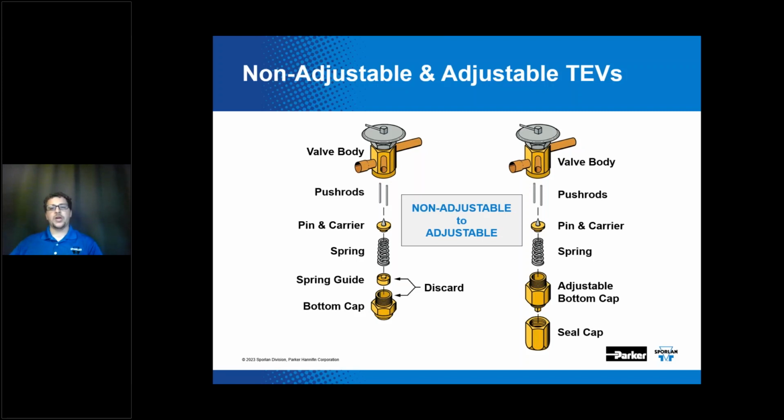What I'm trying to show you here is that even if you walk up to a non-adjustable TEV, we offer parts kits that can be used to convert a non-adjustable TEV over to an adjustable one. Bulletin 1 is our replacement parts catalog, and that's where you find the kits to make that conversion.